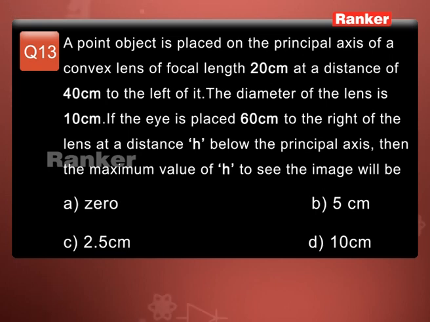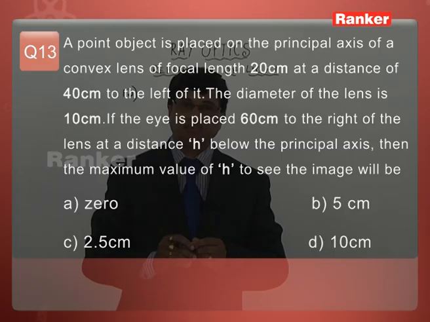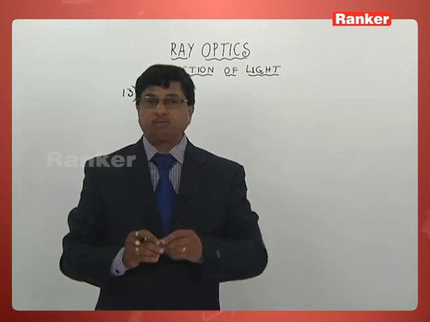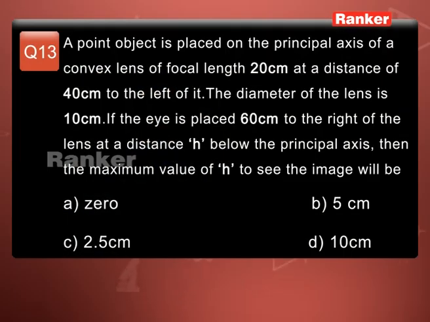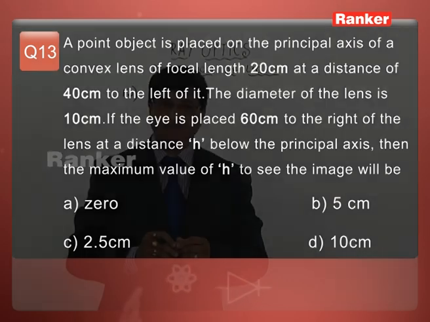If the eye is placed 60 centimeter to the right of the lens at a distance h below the principal axis, then the maximum value of h to see the image will be how much? The options are given this way. The first option is 0. Second option is 5 centimeter. Third option is 2.5 centimeter and fourth option is 10 centimeter.